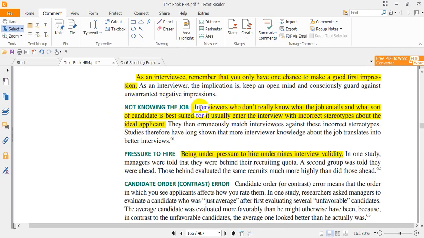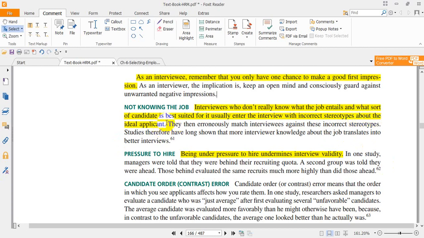Not knowing the job. Another mistake is that some interviewers who don't really know what the job entails or what sort of candidate is best suited for it usually enter the interview with incorrect stereotypes about the ideal applicant.